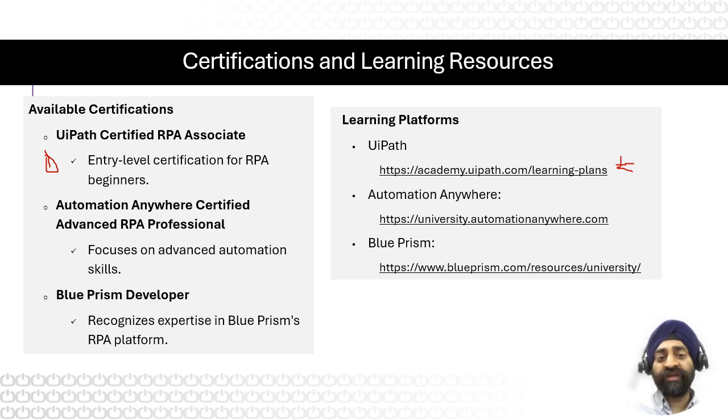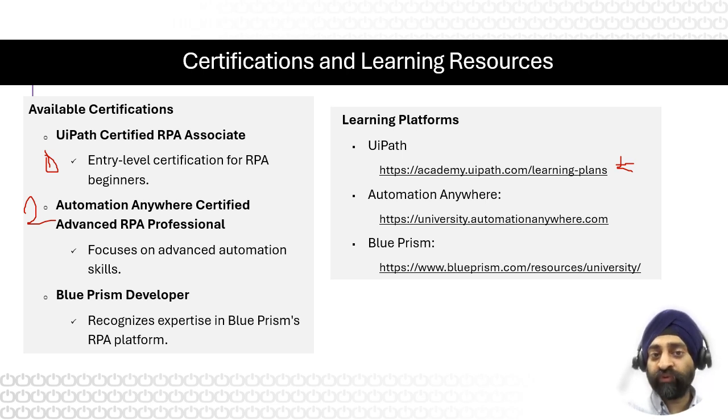Next is the Automation Anywhere. So this is the Advanced RPA Professional certification. As the name suggests, this certification focuses on advanced automation skills. So once you have understood the basics and you are a certified UiPath associate, you can go ahead with Automation Anywhere.